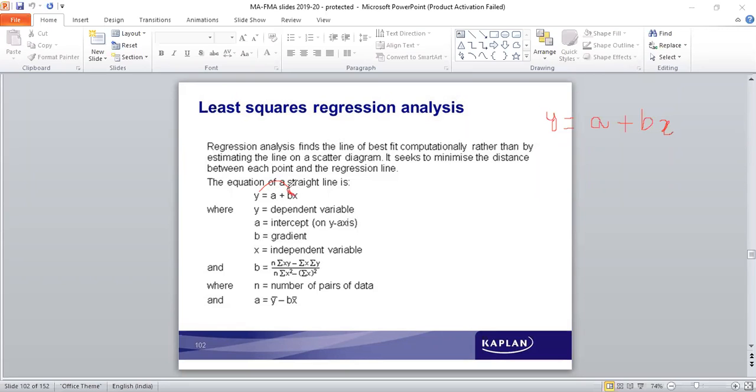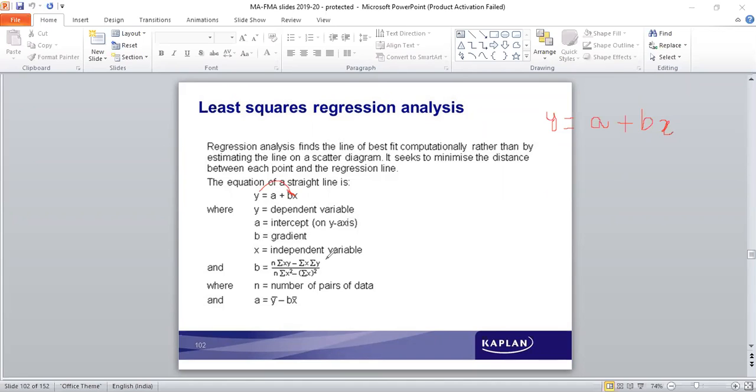A and B are two constants. A is called the intercept on the y-axis. B is called the gradient or coefficient of x. X is an independent variable. How do we calculate A and B? The statistical equations are given. I don't know whether you have a business statistics paper or this itself will take care of the business statistics part of it.